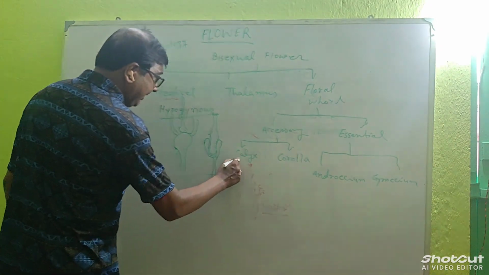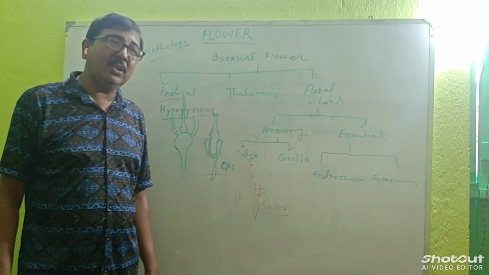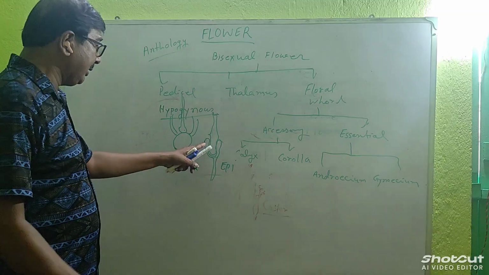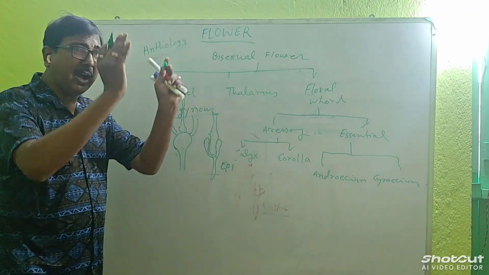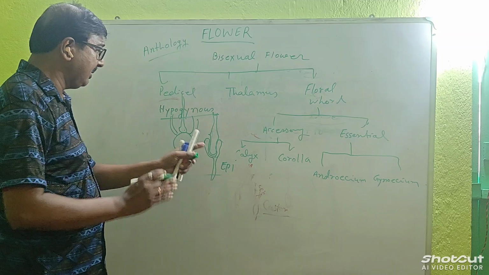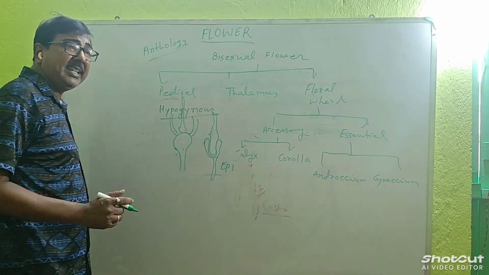This is called epigynous. Example is cucumber. See, the thalamus moves upward and the ovary is completely enclosed there. This is epigynous.